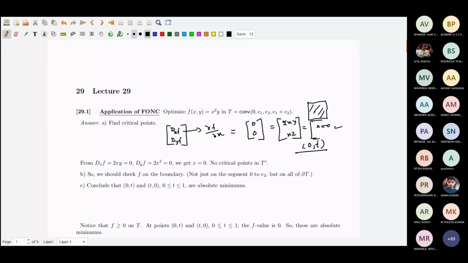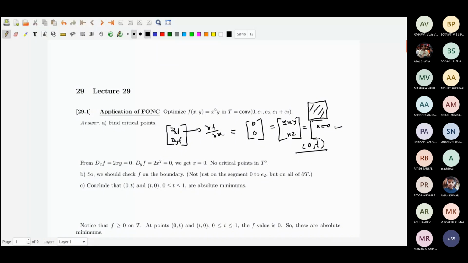So that was the main thing. So immediately you say, okay, fine. There is no critical point. It basically means no maximum or minimum will occur ever in the interior. So all you have to do is check the boundary.